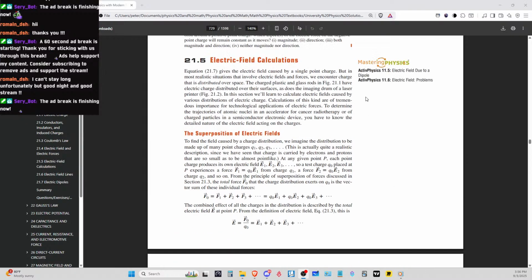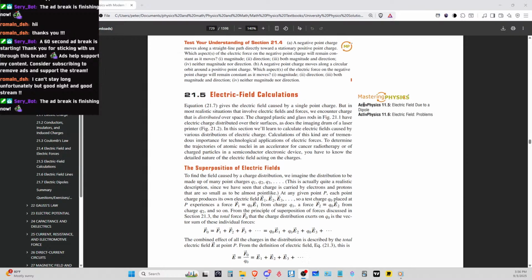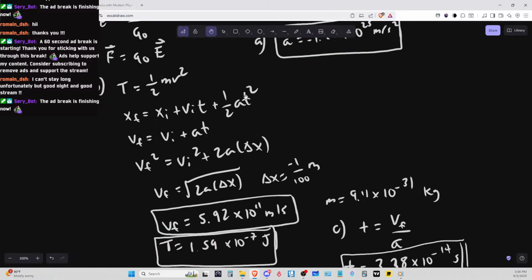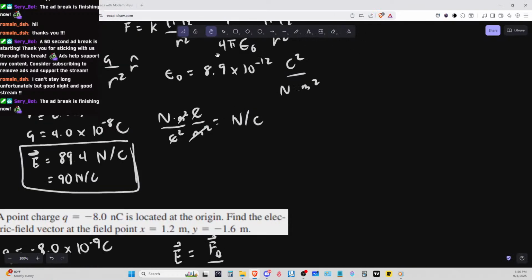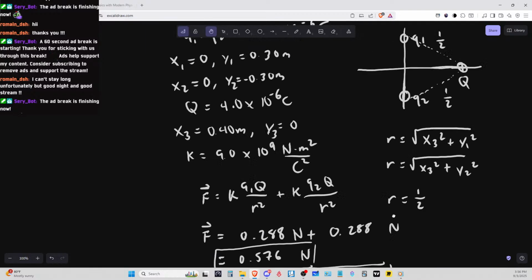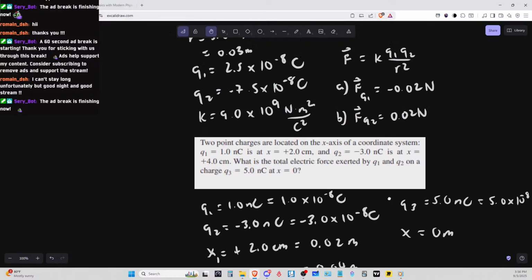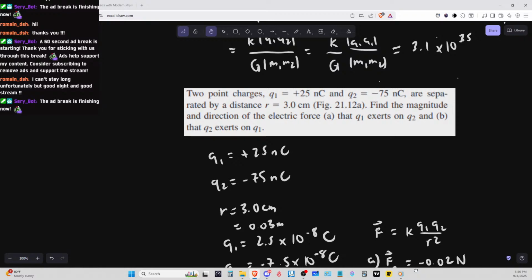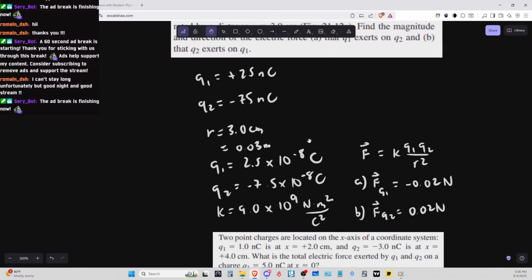Okay, so superposition of electric fields. Pardon me yammering, I was yammering the whole time. But we did get a good amount of problems done. Well, we did mostly example problems, but I think it's good to do example problems along the way. Yeah, this is where it was.